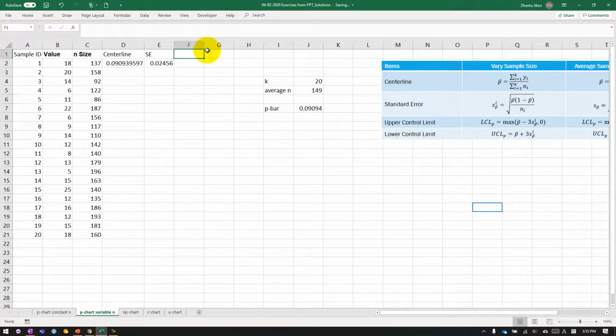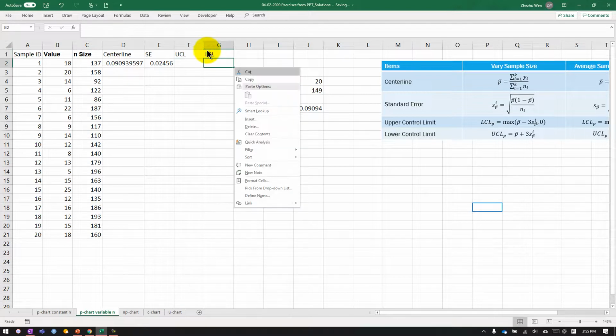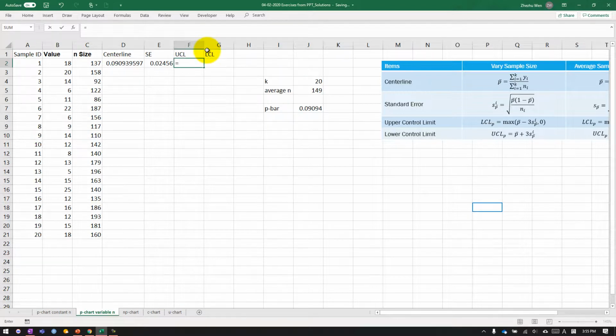And then your upper control limit and lower control limit are also different for each case. The upper control limit is center line plus 3 standard errors. For the lower control limit, it's going to be the maximum of your average minus 3 standard errors, or 0, whichever is greater.